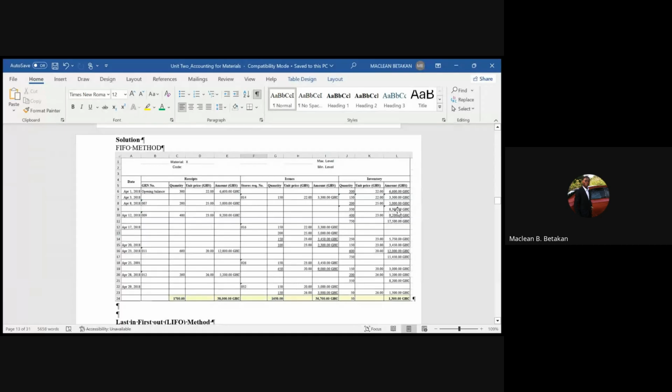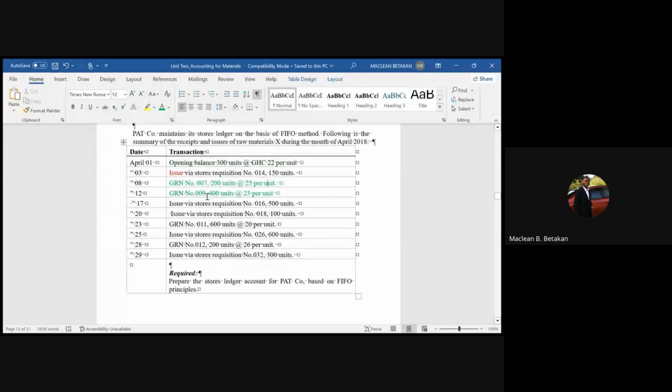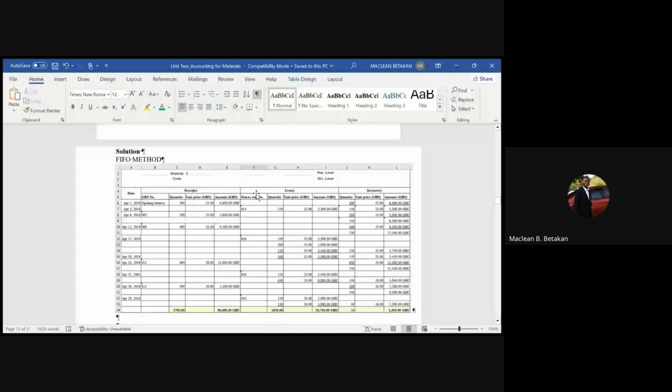And you add 5,000 to 3,300, you get 8,300. So in your inventory, you are having 350 units, which is costing 8,300. So you cannot issue more than 350. So we'll see the next transaction. The next transaction is also a receipt. We are receiving 400 units at 23. We record the quantity, price, and multiply to get the amount, 9,200. We carry the same to the balance.